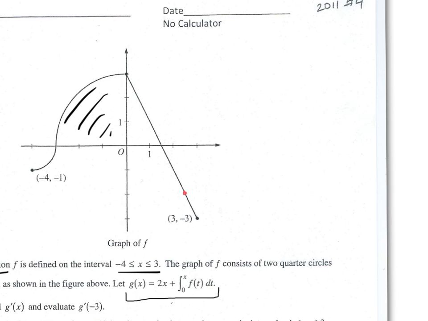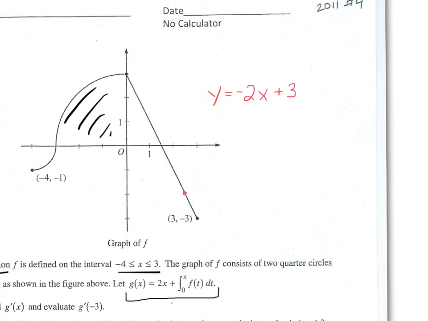So we know that the equation of this segment is y equals, the slope is -2, because to get from this point to this point, we'd have to go down 6 units, to the right 3 units, so that's a slope of -2, and our y-intercept is 3.